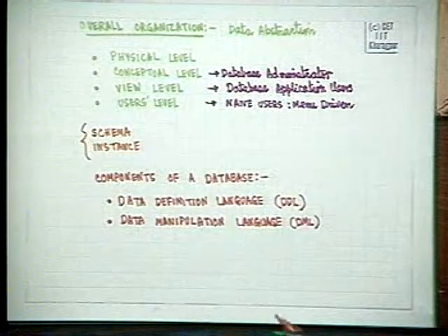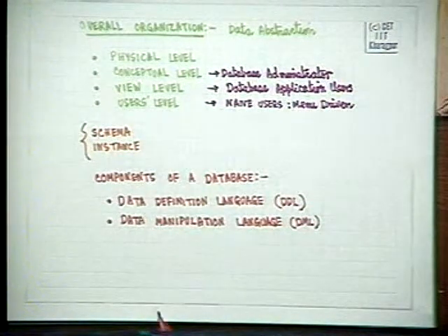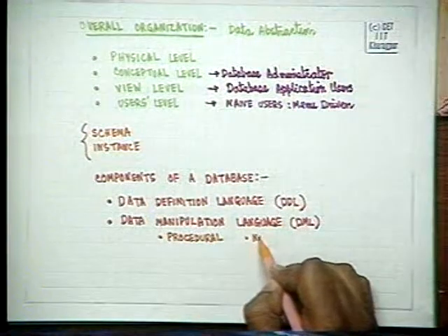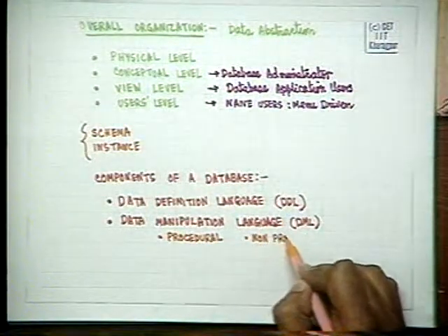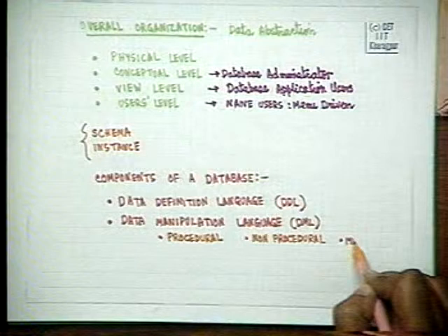All right. Now this data manipulation language is a very core concept in a database. It may be procedural, or it may be non-procedural, or it may be a combination of them. A procedural one is like your normal programming language, where you have a step-by-step definition of what you want to do. And a non-procedural one. So you can have procedural, non-procedural. Next.